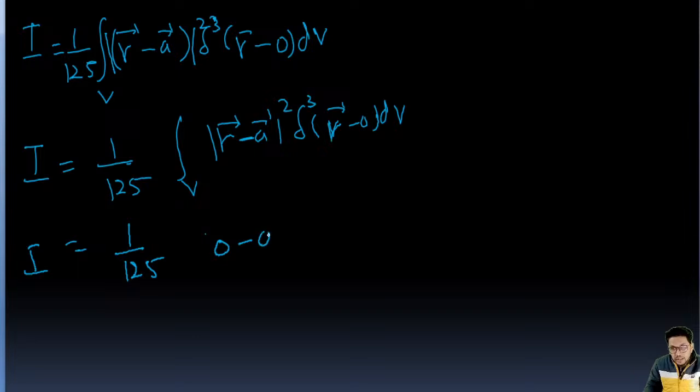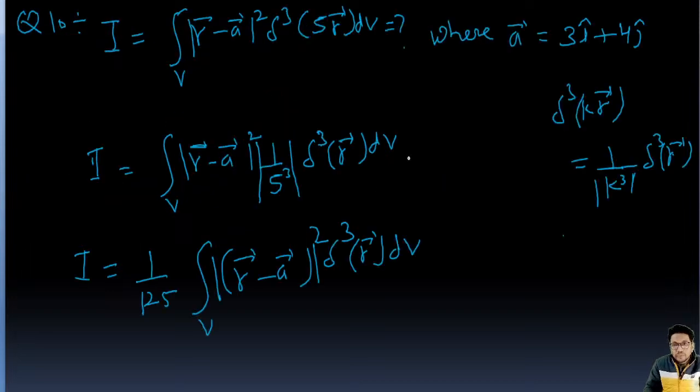So 0 minus vector A mod square, right? And the value of A we know here. This is given i cap, and there is one more thing given, that this is a sphere. V is the volume of a sphere of radius 6. This is added in the question.